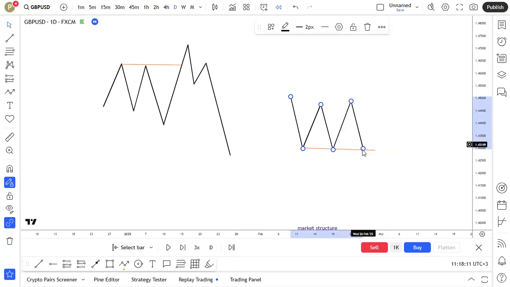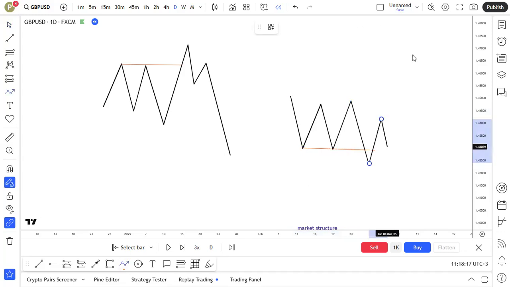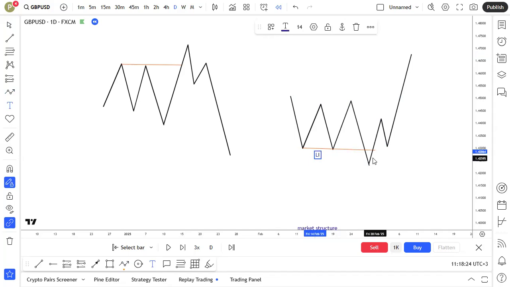But what happens is that price will just sweep it, and after sweeping that, that's where you're going to see the true move. Which means this area here was a liquidity area. We had a liquidity sweep at that point, so this was not a good point for you to take any entry.